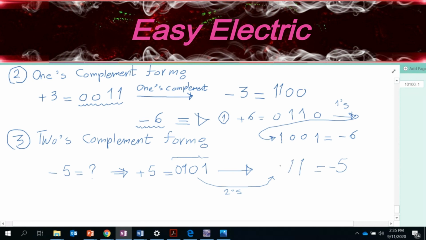So this should be 1, this should be changed to 0, and this should be again 1. Okay, so that's the 2's complement of that. So that means -5 should be 1011 if you use 4 digits and if you use 2's complement form to represent that negative number.